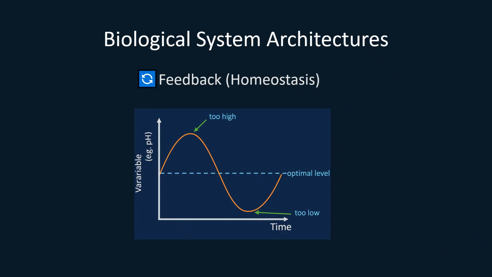So same idea. On this slide, you can see a variable, pH, but it can be temperature or something else. The idea here is it shouldn't be too high or too low. So the optimum level needs to be maintained. That's it.